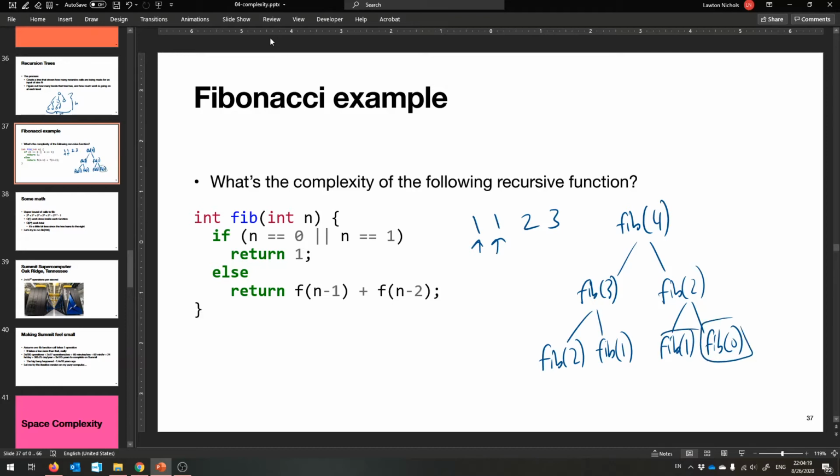So this is a base case, this is a base case, this is a base case, this is not yet. Fibonacci of 2 will itself call, because it's not the base case, Fibonacci of 1 plus Fibonacci of 0, and so now I have a bunch of base cases.